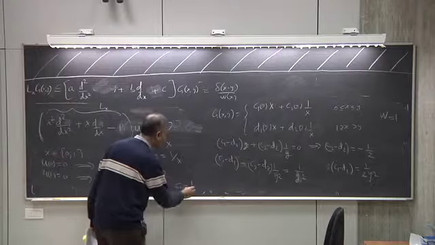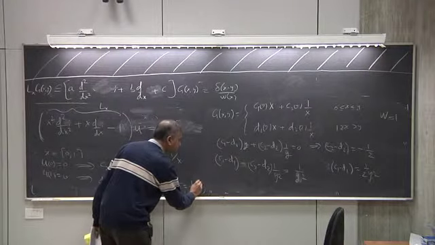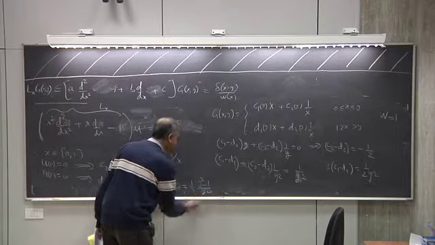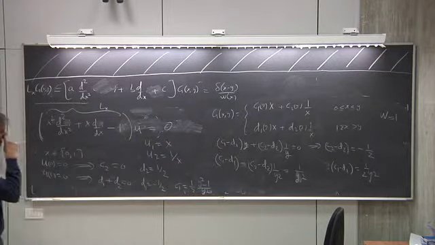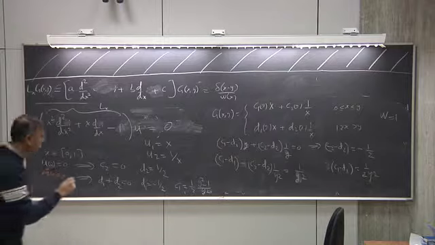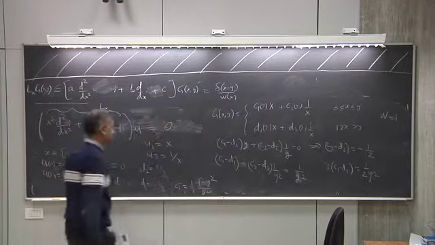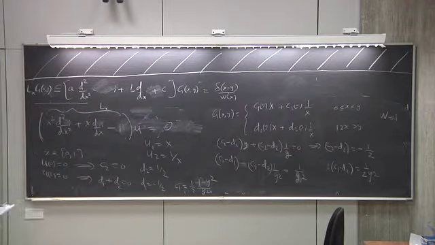So that becomes y square minus 1 divided by y square. No, other way around, 1 minus y square, sorry. 1 minus y square divided by y square. So that's it. That is the Green's function for this particular boundary condition.